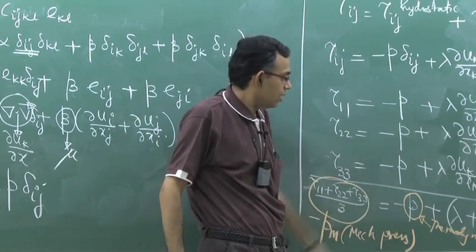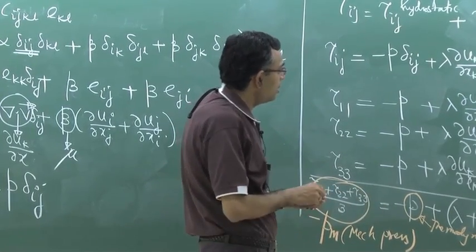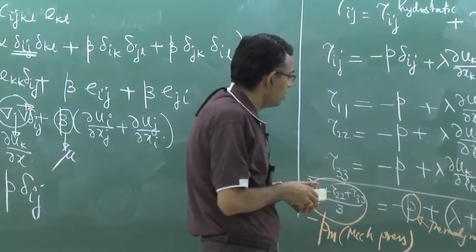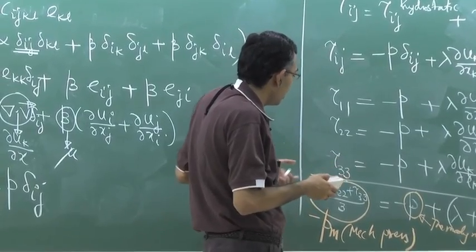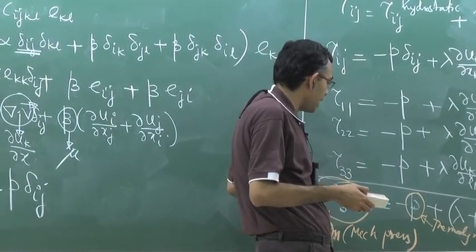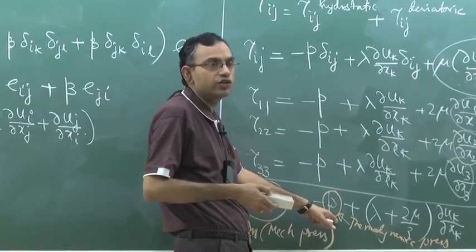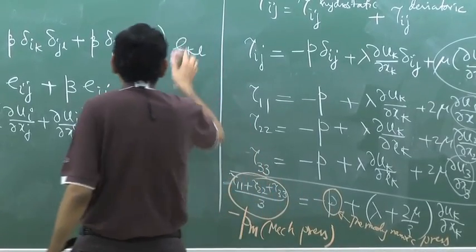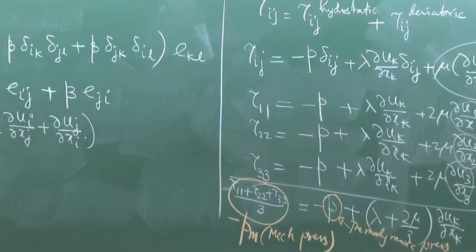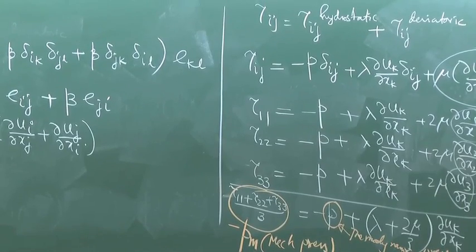Okay. Now still there are many fluids for which a general relationship between mechanical pressure and thermodynamic pressure needs to be described, and that was described by something called as Stokes hypothesis.